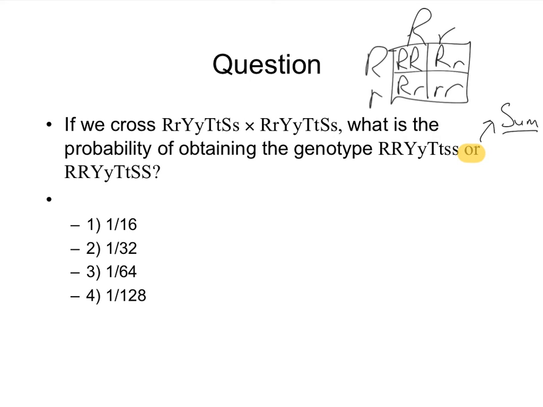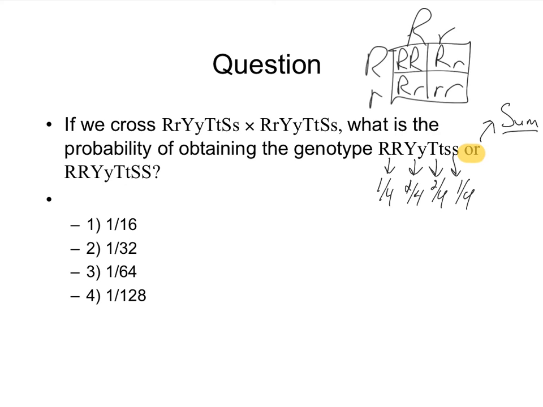What are the odds for each of the individual genes? Well, to get big R, you'd expect that there would be a 1/4 chance to get that. Each of the heterozygotes you'd expect to be 1 or 2/4, or 1/2. And the homozygote recessive is 1/4.